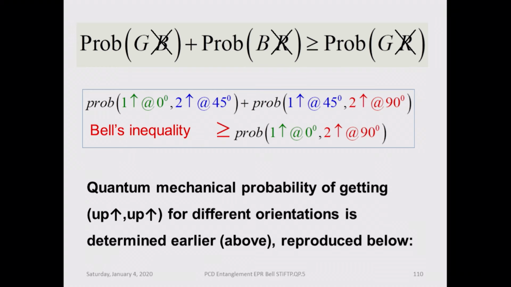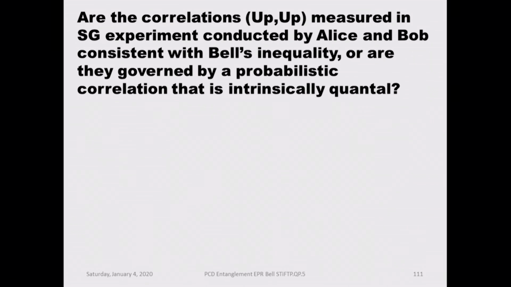And then we consider the quantum probabilities of getting up-up or up-down and so on. So, what are we getting? Are the correlations that we get from Bell's inequalities compatible with quantum correlations? Yes and no, that is the question, and that is going to determine whether local hidden variables can account for quantum uncertainties.